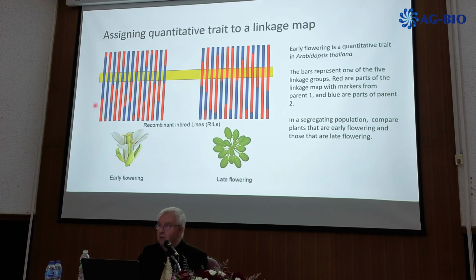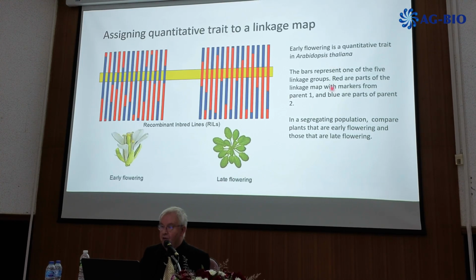You put together all the plants that are early flowering and all the plants that are very late flowering, and you compare every chromosome for the red and the blue segments, and then you see, to your surprise, of course, that all the early flowering have here a segment which is blue, and the late flowering has the same chromosomes in which you have the red markers in that region. So that visualizes very clearly that in this bulk comparison of early and late flowering plants, you already have an impression where your QTL is located.